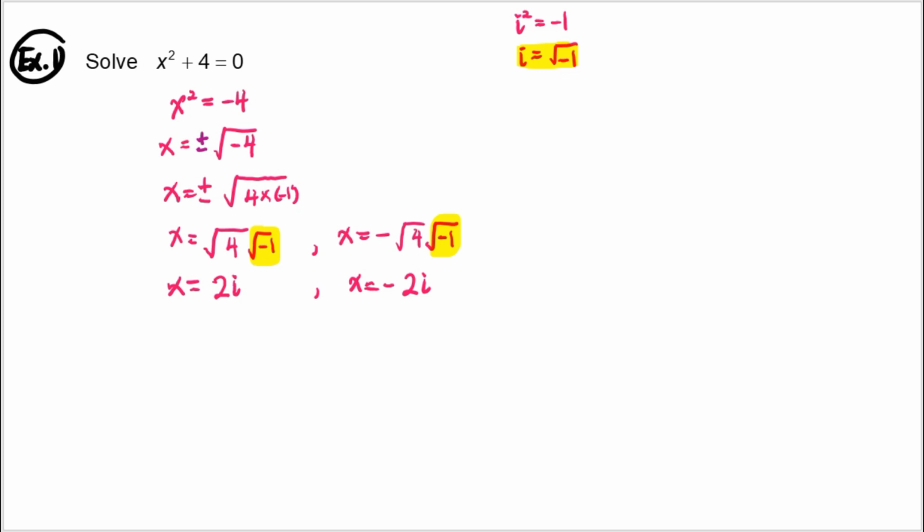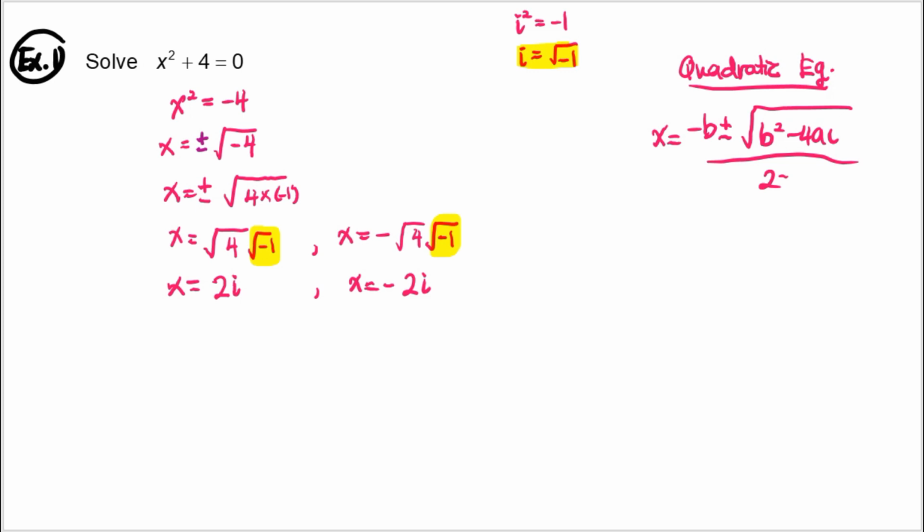When will you know that you will have these solutions in complex numbers? So let's just recall the quadratic equation. Where we have the quadratic equations, we have the formula which is given by x equals negative b plus minus square root of b square minus 4ac, divided by 2a.